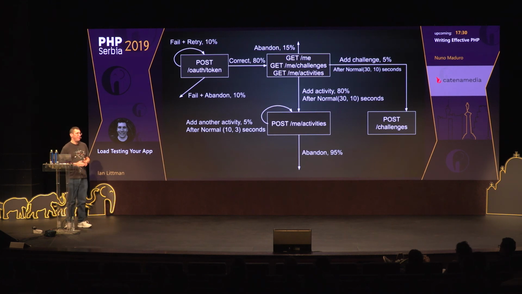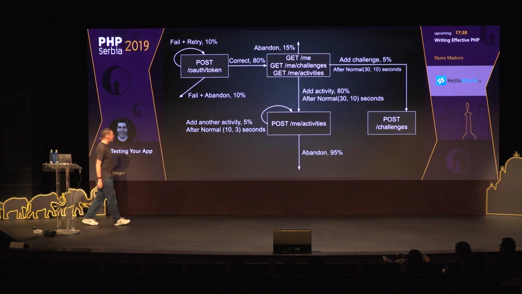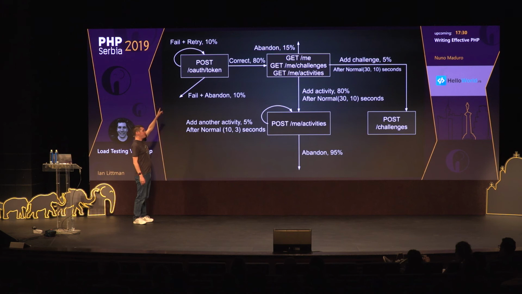So here's an example of, and this is a relatively simplified diagram, but we start over here, starting by authenticating, and we've got this nice little OAuth2 API there, and then 20% of the users don't get their password right the first time.